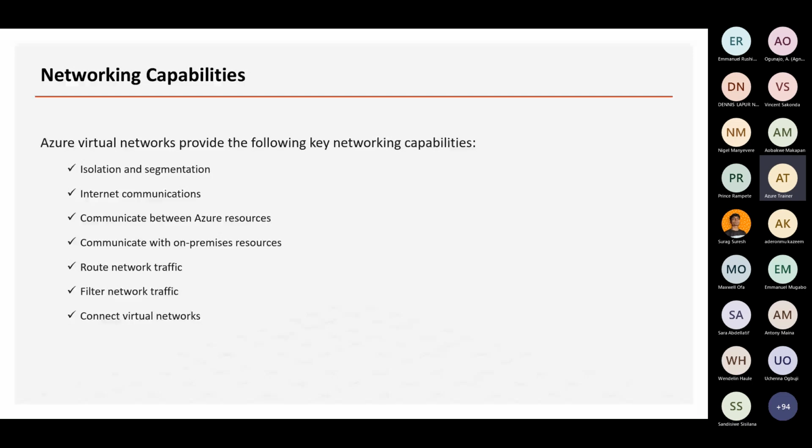You need to have network communication. You need flexibility to connect between different Azure resources. This will allow you to connect with the on-premises solution. You have an option for routing. You have an option for configuring filtering here. So these are the few network capabilities you are getting with the help of Azure networking here. Now, let's start with the first option.